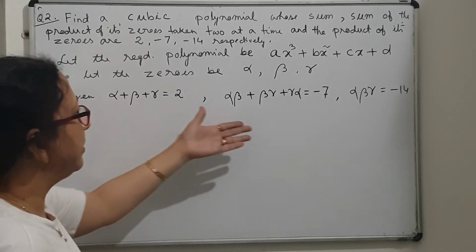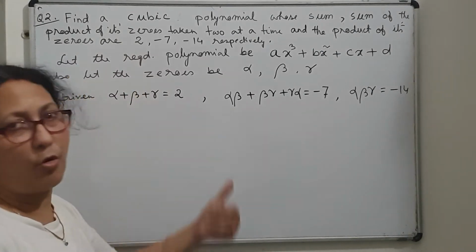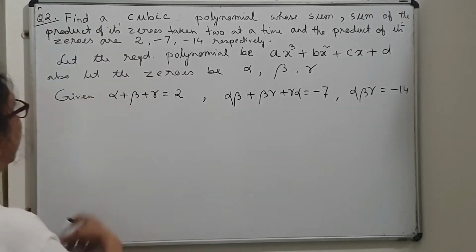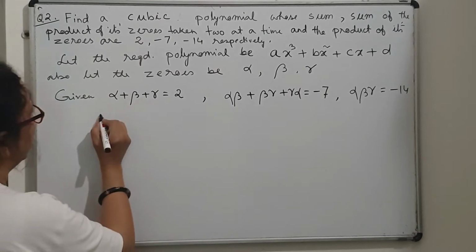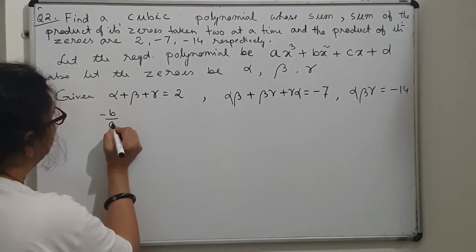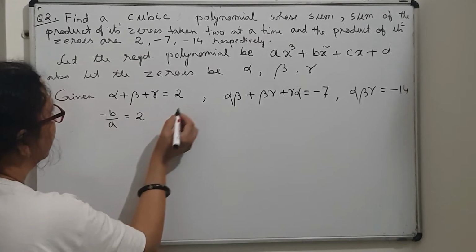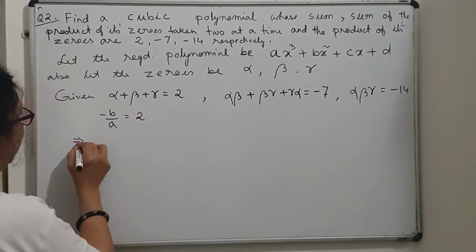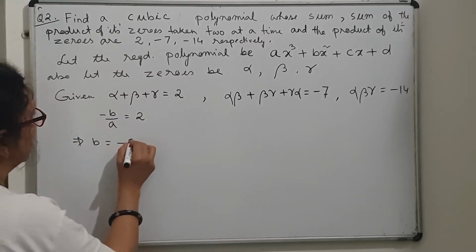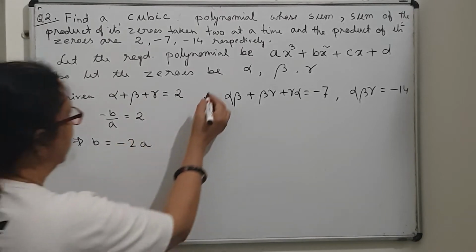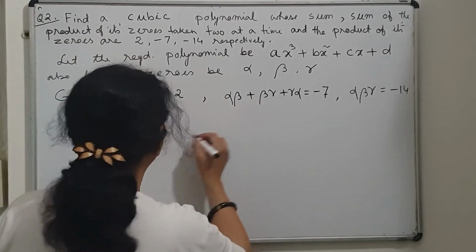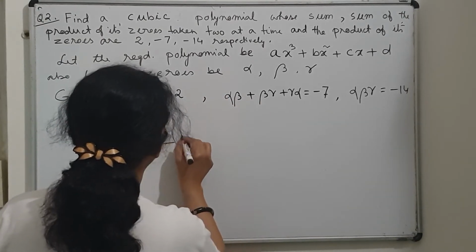So again, using the relationships between zeros and coefficients of the polynomial, we can write, first one is always minus B upon A is 2. From this I am getting the value of B to be minus 2A. This is equation 1.